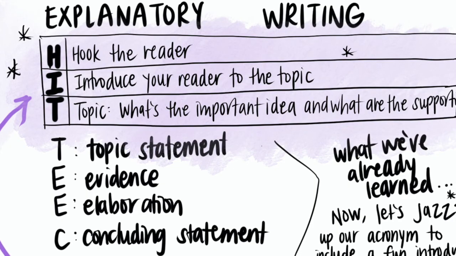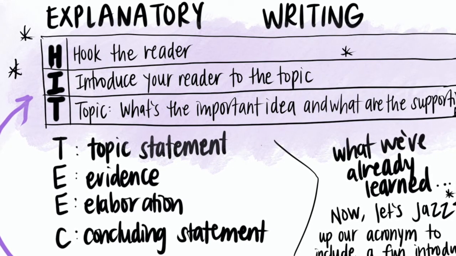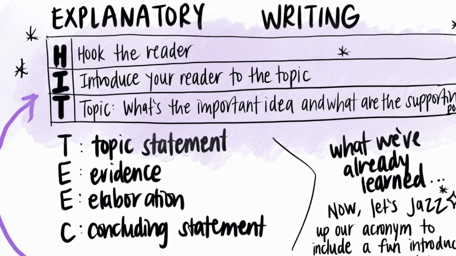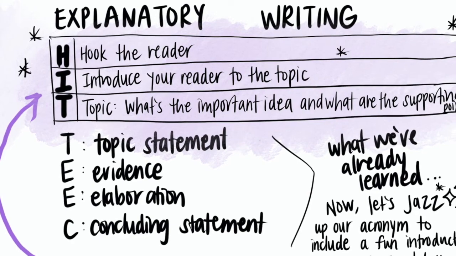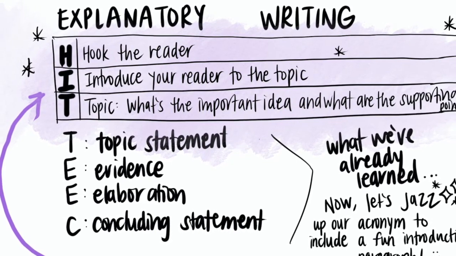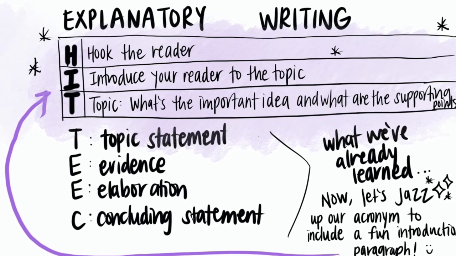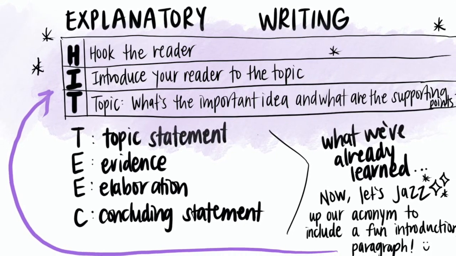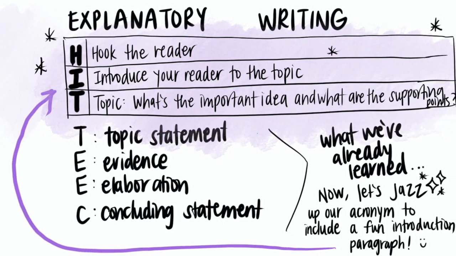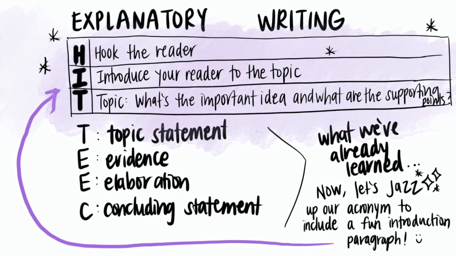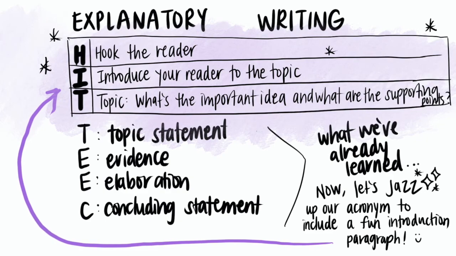So then right before remote learning, as well as in the beginning of Module 3, we started including an introduction paragraph that included hooks. So then our acronym changed to HIT, which is hook the reader, introduce your reader to the topic, and then T standing for the important idea, and then the TEEC has stayed the same.